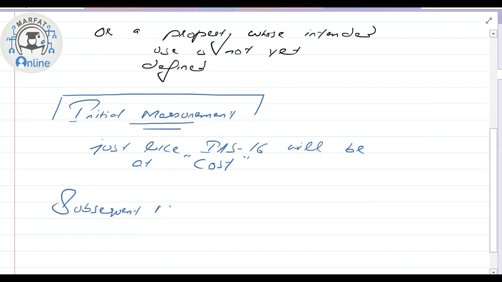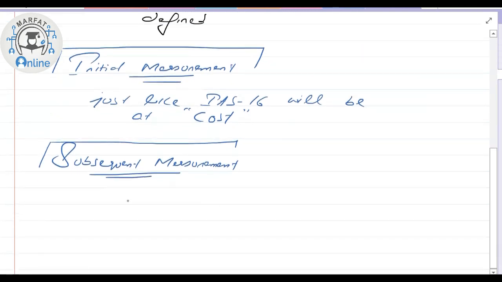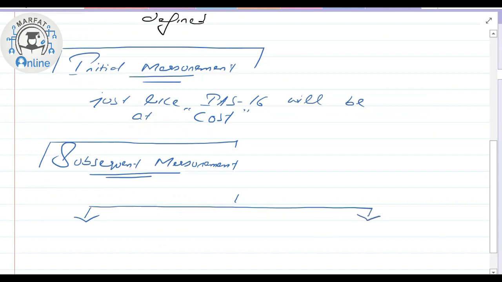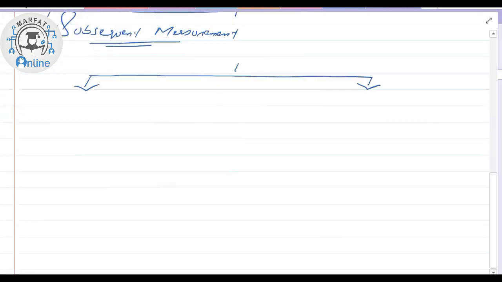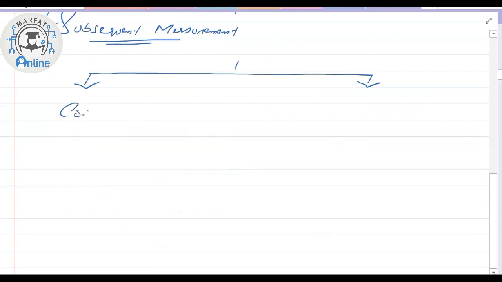Then you have subsequent measurement. In the subsequent measurement, there are two models. Cost model, which was in IAS-16 as well, and fair value model.